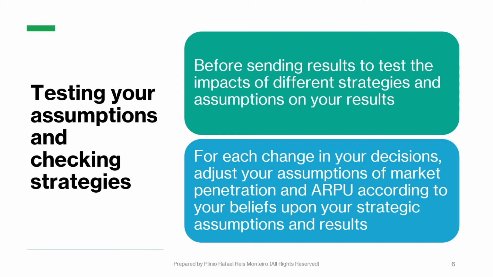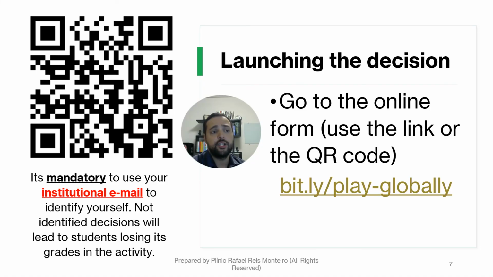So basically, you need to be able to defend your position and say that this is what you expect for the market. And once you're confident with a specific decision, then you'll be able to send your decision. For doing that, you're going to use this online link here.